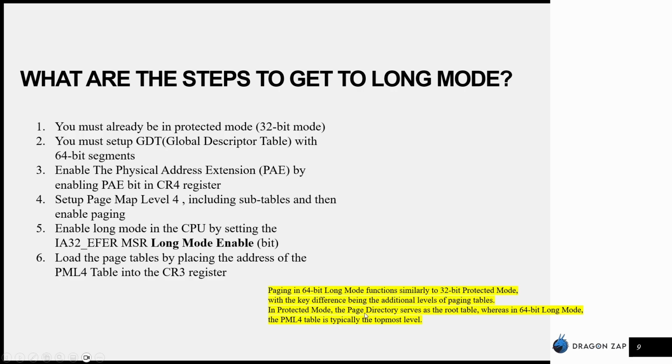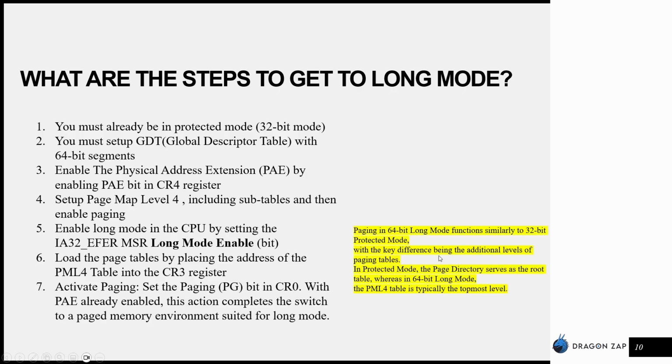In protected mode, the page directory serves as the root table, but you can also have the page directory pointer table as well. But in 64-bit long mode, the PML4 table is the topmost level in most cases. Like I said, it can go up to PML5, but not all processors support that. So we're just going to be focusing on PML4 for that reason.